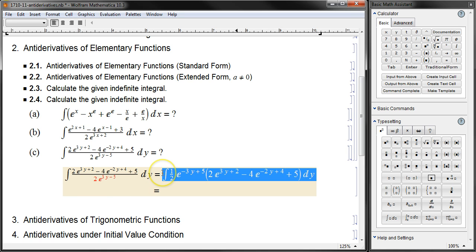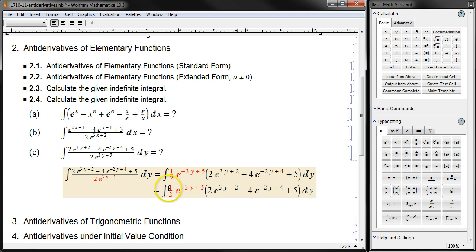Alright, now let's go ahead with the simplification. Number part first. We're distributing this 1/2 to each term. So 1/2 times 2 is 1. 1/2 times 4 is 2. 1/2 times this 5, we're going to get 5/2. That's done. How about the exponential part? We have to add up the powers.